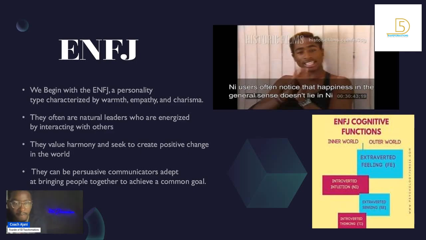Okay. They value harmony, and they seek to create positive change in the world. So, like we talked about, they are generally people who can be rebels at times. They can be going their own path. They tend to think outside the box, but at the same time, they value harmony. So their goal is always to do something that's going to be helpful for people.